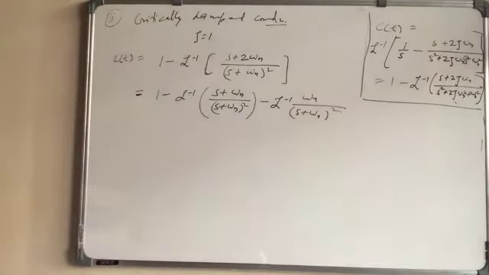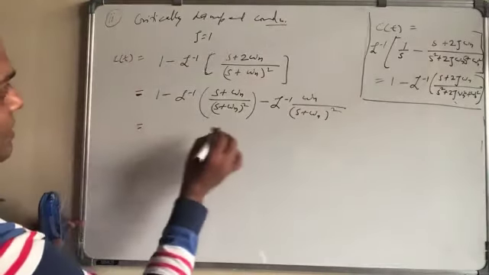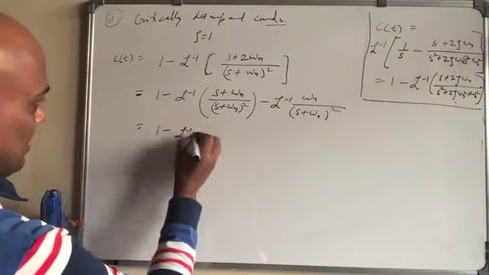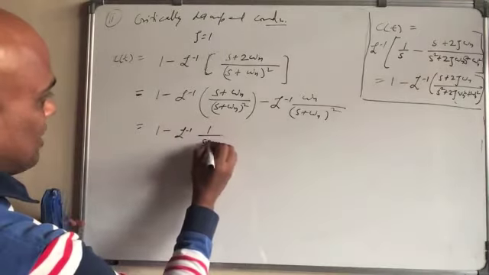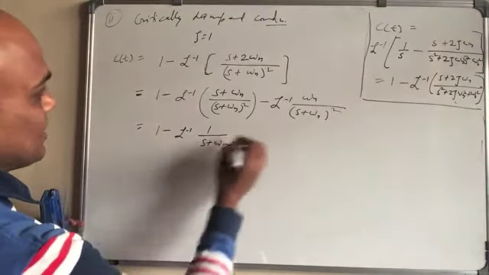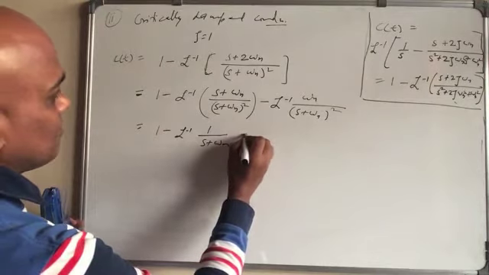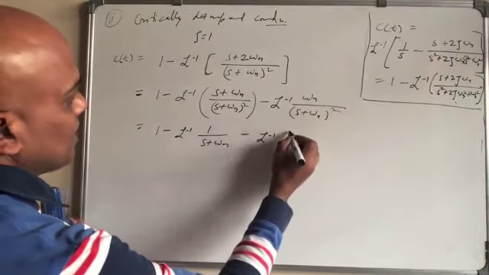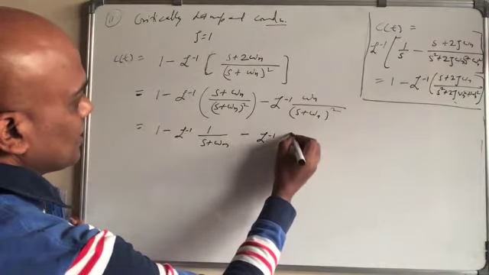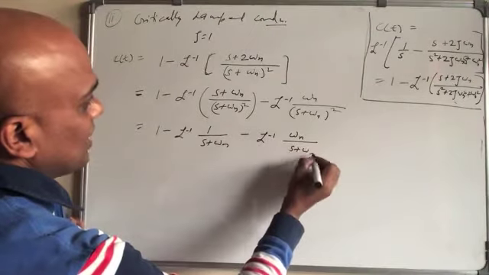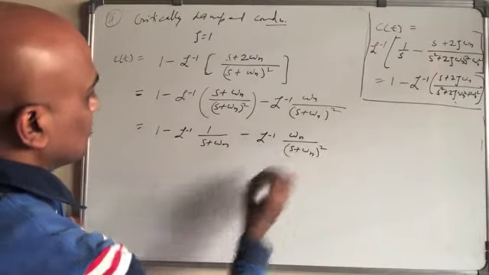So we get 2 of them like this one. Hence we get 1 minus L inverse 1 over S plus omega n, and we get here minus L inverse omega n over S plus omega n square.